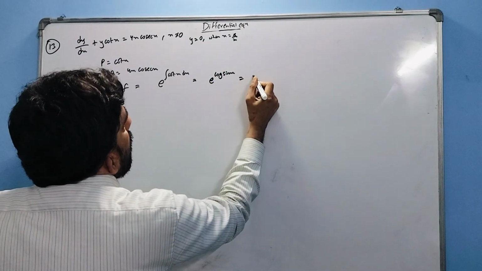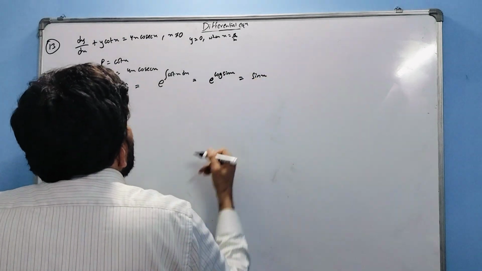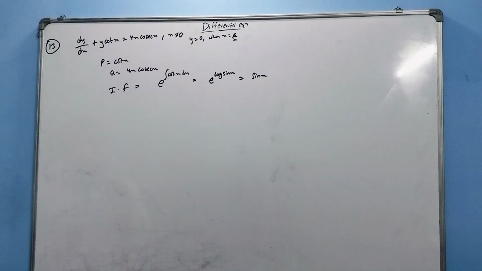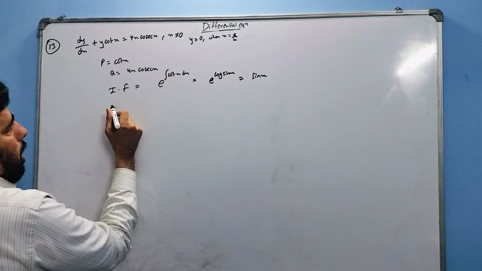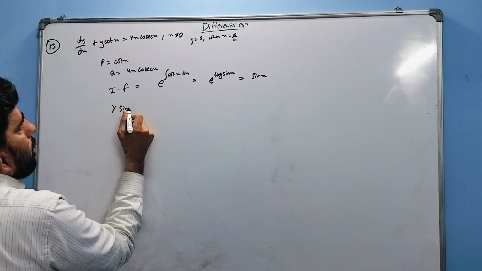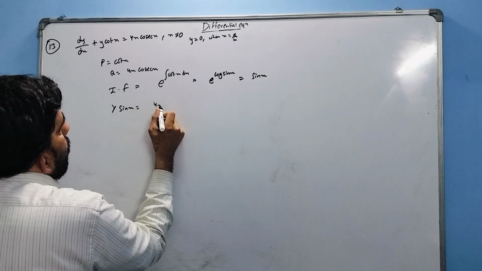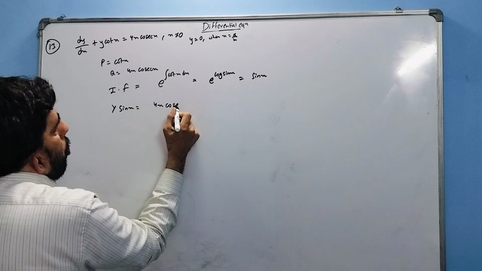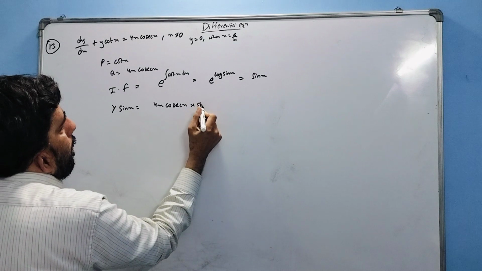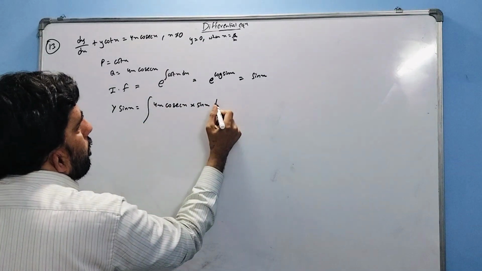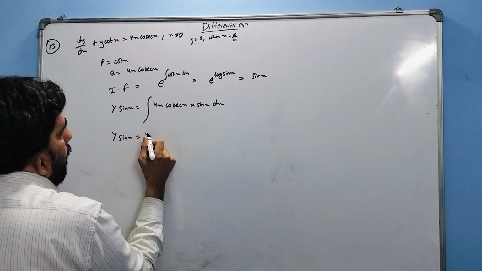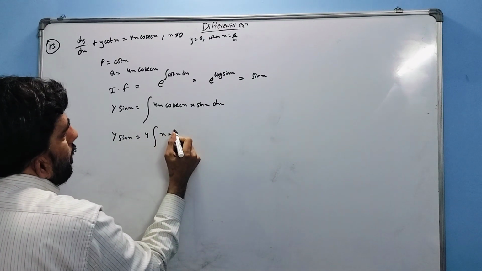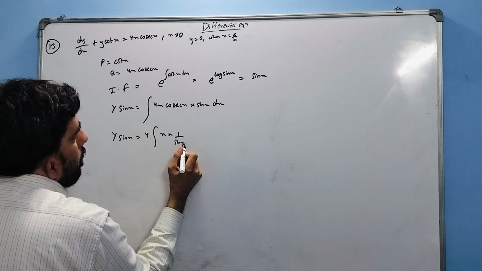Okay, so after finding the integrating factor, we'll try to solve here. Write y into integrating factor is equal to q, 4x into cosec x into integrating factor, integrated with dx. Now y sin x is equal to, take 4 outside, x, I can write cosec x as 1 upon sin x, into sin x dx.